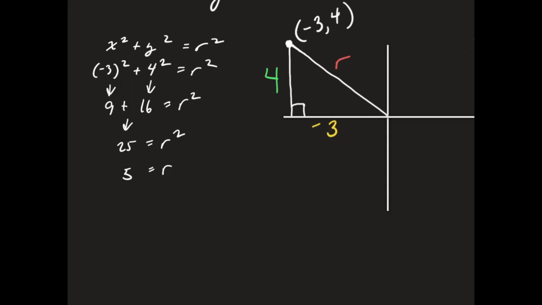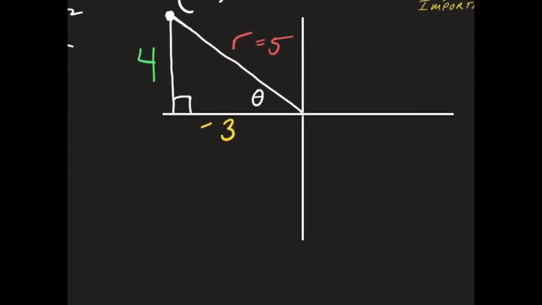So now I know r has a value of 5. My central angle sits right here. Now that I know all three of my sides and their values, I just use those same definitions from earlier to list out all 6 of my trig ratios.